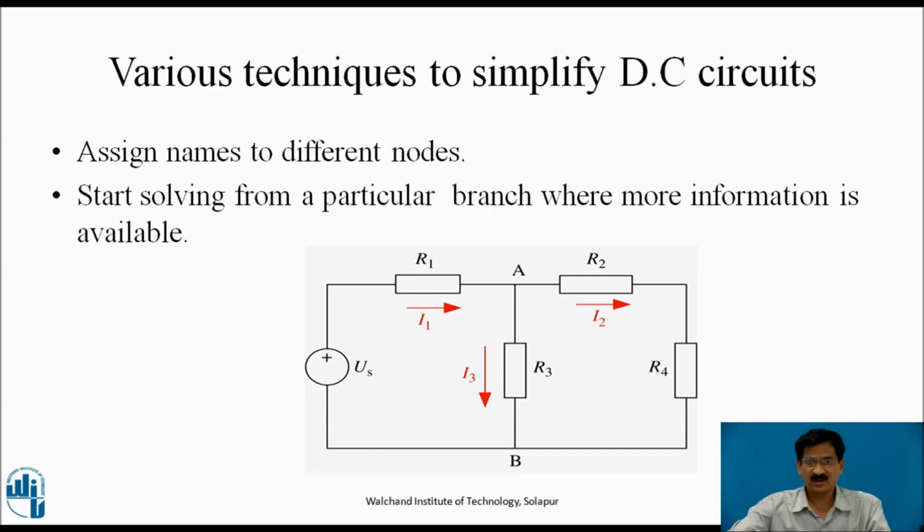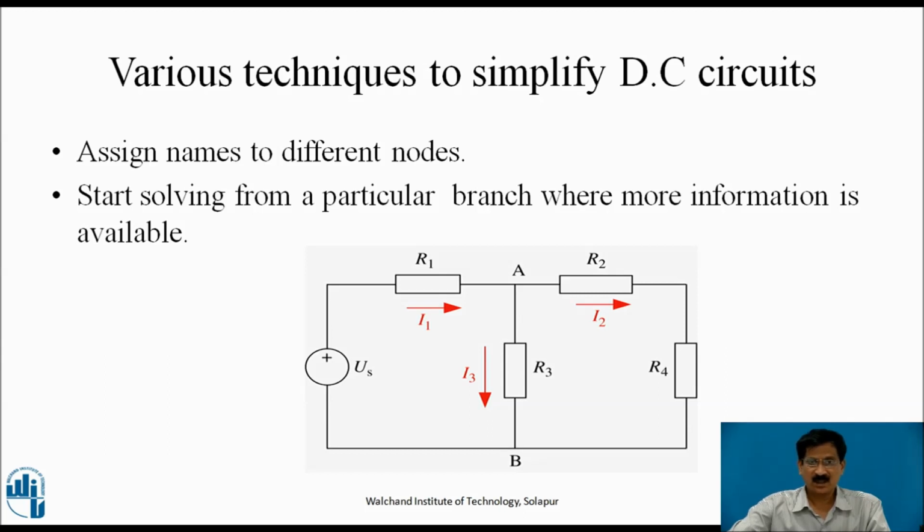Here, this is a circuit, voltage source with resistances R1, R2, R3, R4. If it is required to find out current I2, I must find out the current I1. Next, to find out current I1, I must know the equivalent resistance of the network.